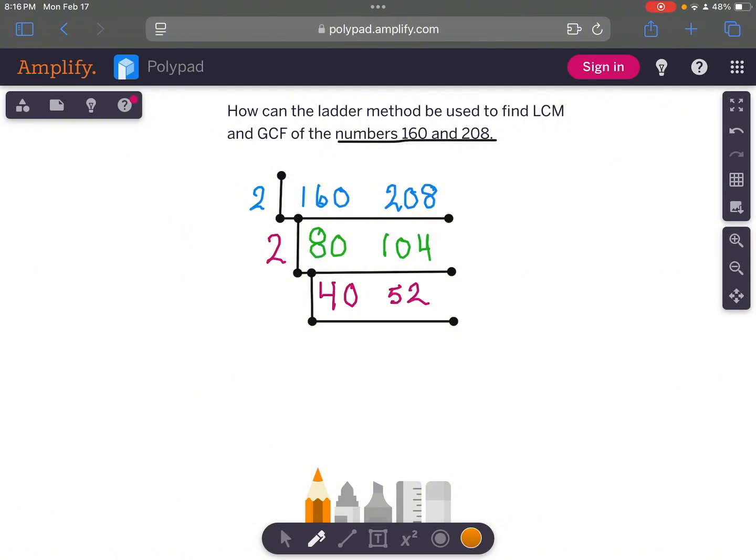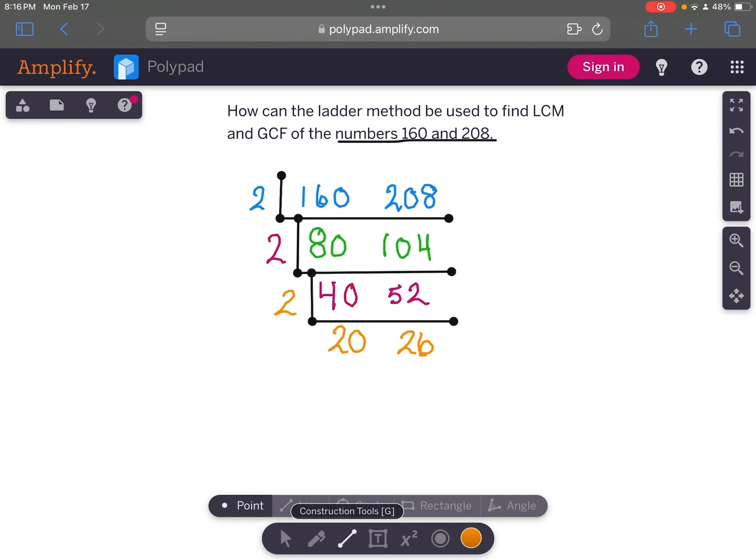So 2. So now that we have this, we have to divide 40 divided by 2. 40 divided by 2 would be 20. What would be 52 divided by 2? It would be 26.